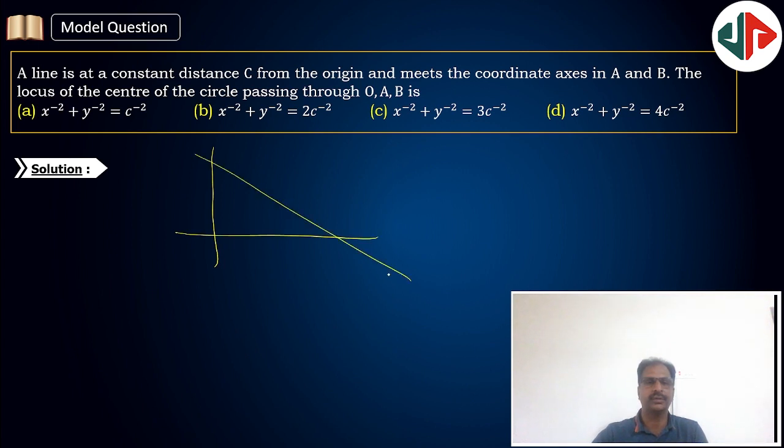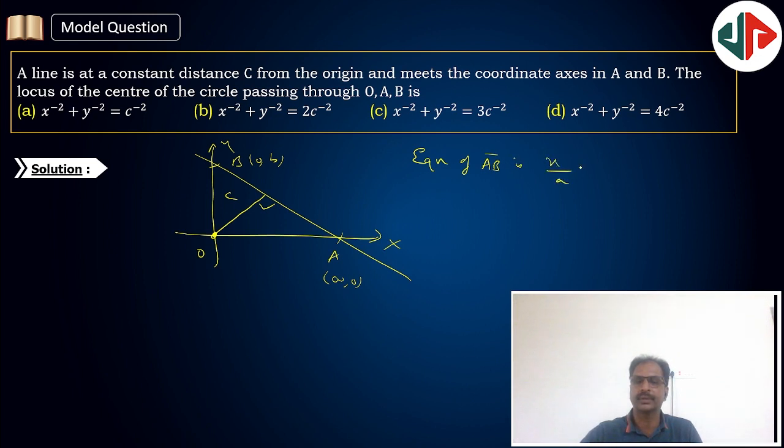A line is at a constant distance c from origin and meets coordinate axis at A and B. Let us say this is A comma 0 and B is 0 comma B. This line is at a distance of c units from origin. Now tell me what is the equation of line AB?